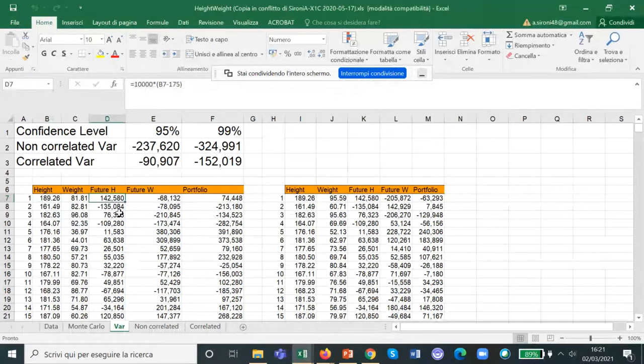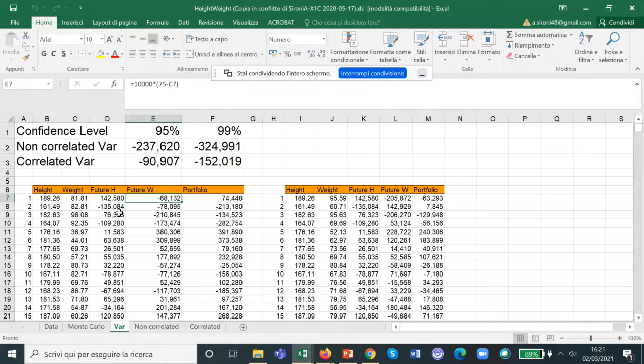More specifically, here we're assuming that you bought a future with a future price of 175, so 175 centimeters. If the simulated value is higher than 175, you gain. If the simulated value is lower than 175, you lose. At the same time, you sold a future on weight.